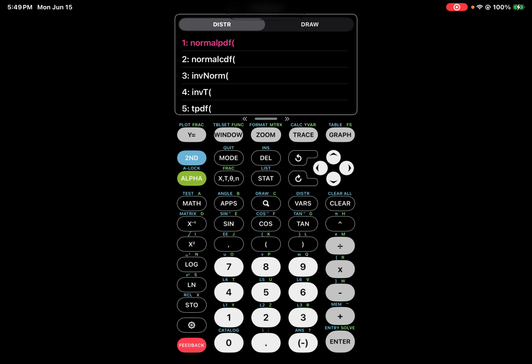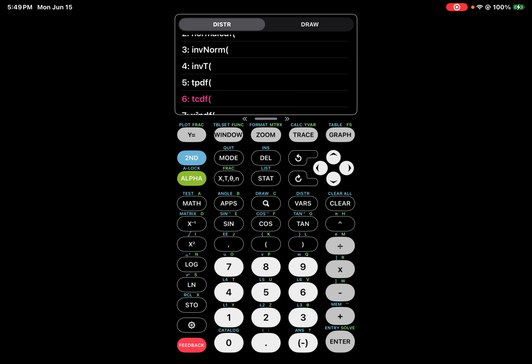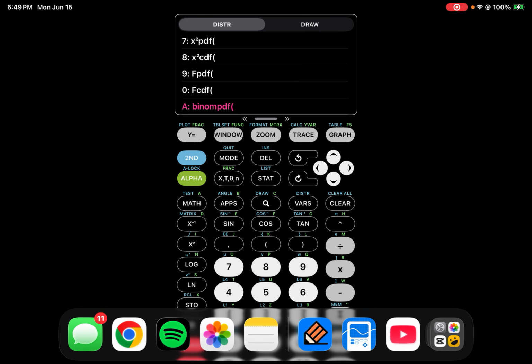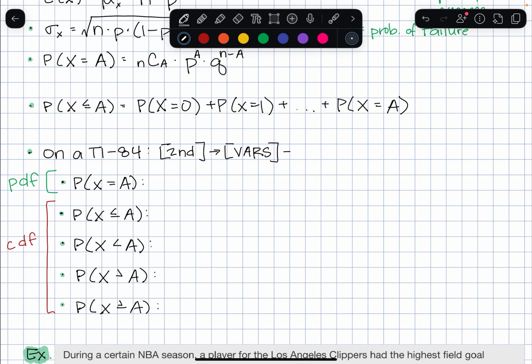And you'll notice it takes us to a distribution menu. If you scroll down, option A says Binomial PDF. So A, Binomial PDF, in parentheses, and it's going to ask you for some information.